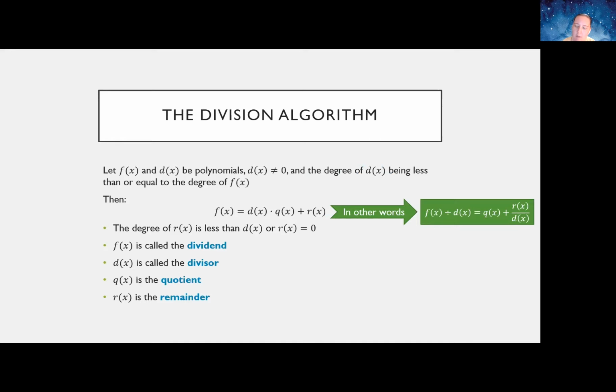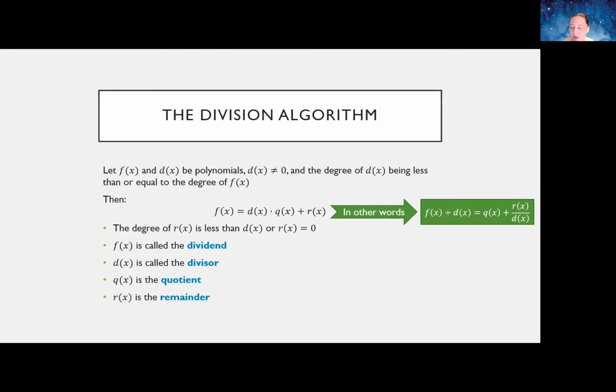Before we talk about the remainder theorem, we need to actually talk about the division algorithm. This is kind of defining what division is and remainders and what it means. So the mathy formula: let f of x and d of x be polynomials. D of x is not allowed to be 0.